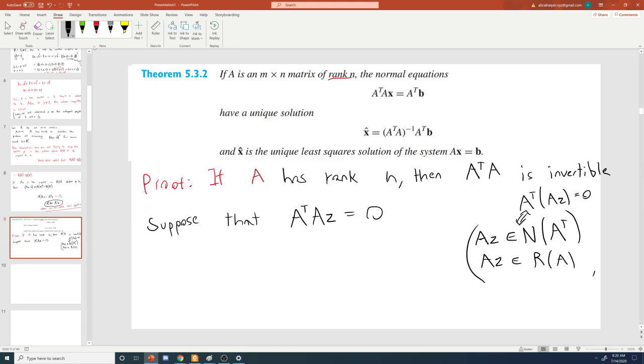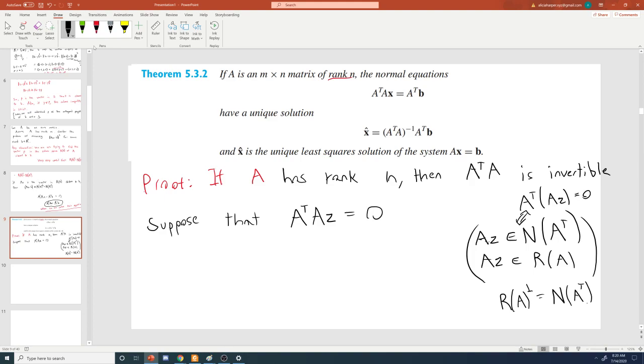But now if both of these statements are true, then we can use the fact that the null space of A transpose is the orthogonal complement of the column space. So here's what that means in practice.